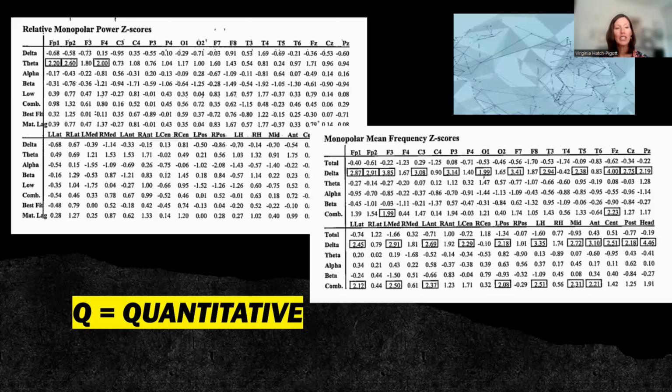The Q in QEEG stands for quantitative, not qualitative. We're not looking at the quality of the waves. We're quantifying those waves, okay?